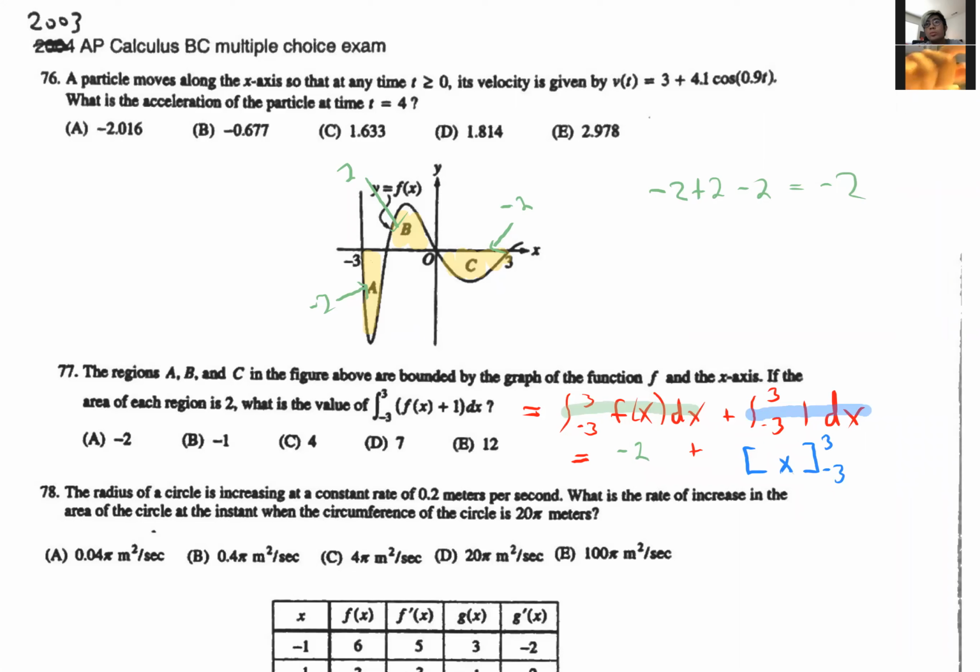So this is going to equal -2 plus, this is going to be 3 minus, then I plug in the -3. Change this to a bracket. So this equals -2. 3 minus -3 is 6. So -2 plus 6 is 4.